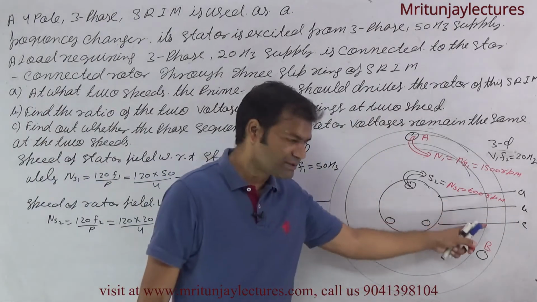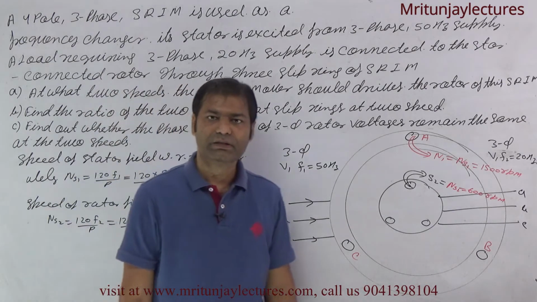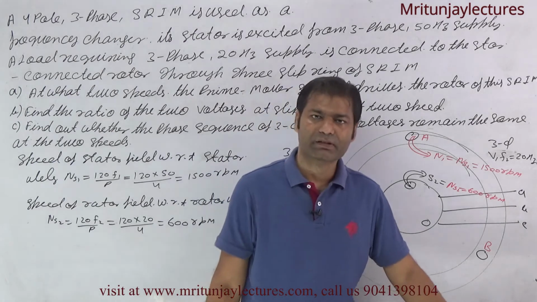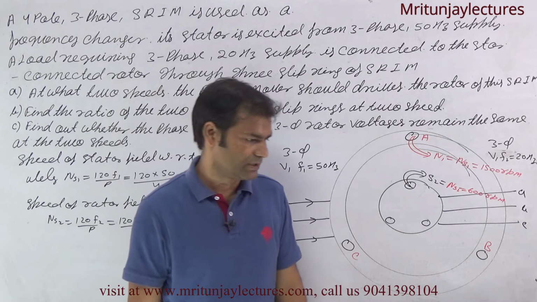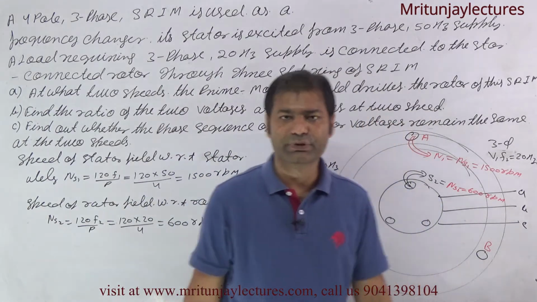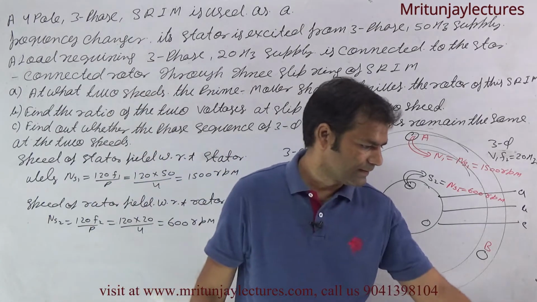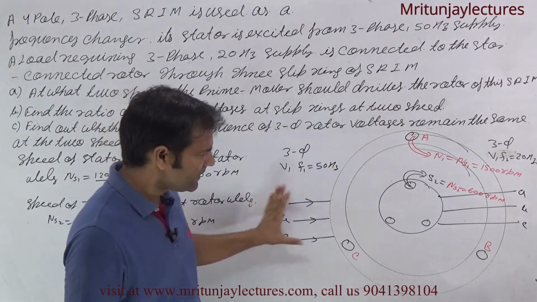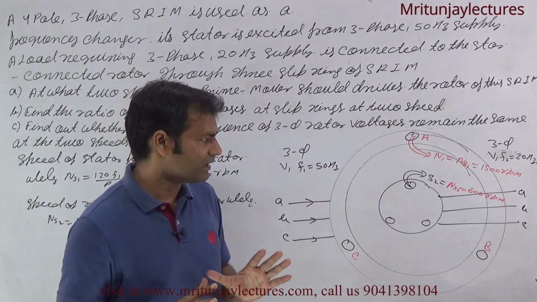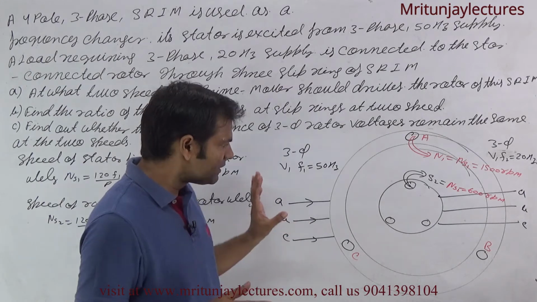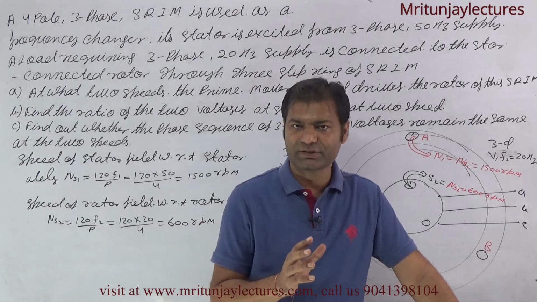If the phase sequence in the rotor is also ABC, then the rotor field also rotates in the direction of the stator field, with a speed of 600 RPM. Okay, there are two cases possible here. If both stator and rotor have the same phase sequence, ABC, then both fields are rotating in the same direction.